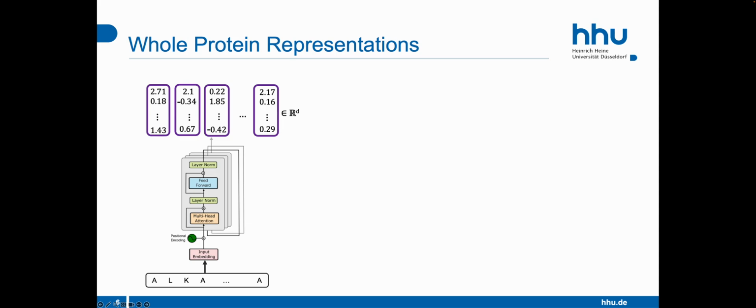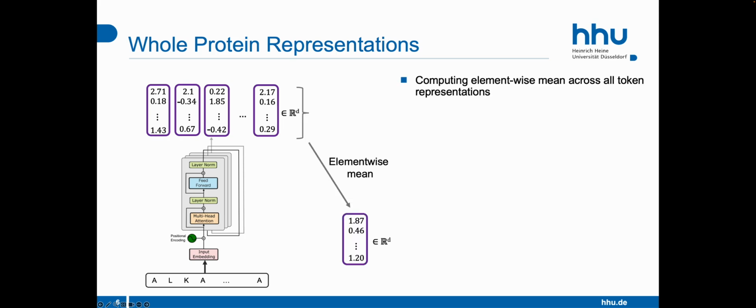As we have already discussed before, to obtain a single vector of fixed dimension for the entire protein sequence, we can compute the element-wise mean of all amino acid representations. This results in a single vector of dimension d for all proteins.